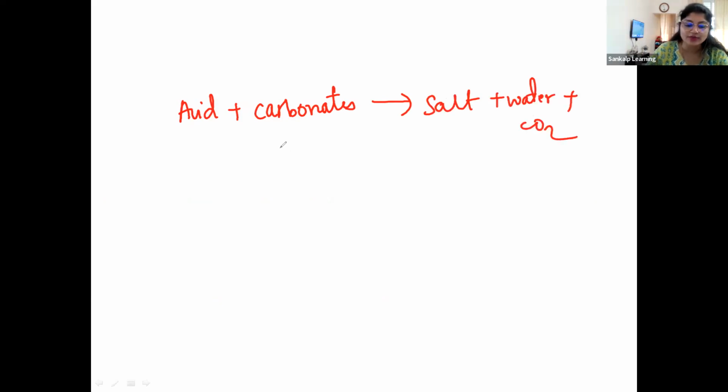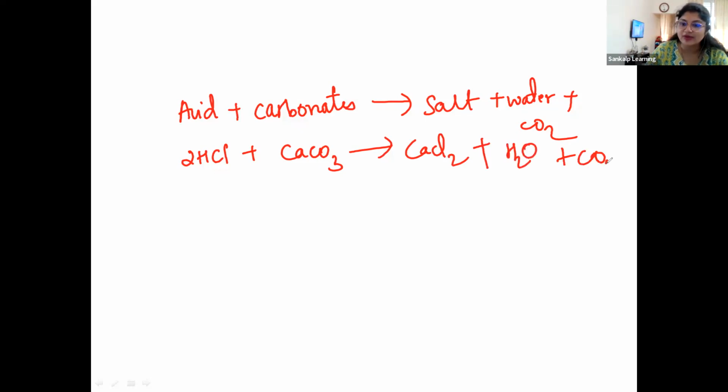Suppose HCl plus calcium carbonate: it will give you calcium chloride plus H2O plus CO2. So this is the second reaction, where salt, water, and carbon dioxide gas are liberated.